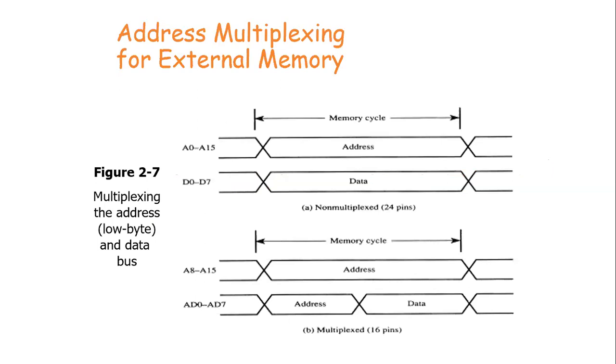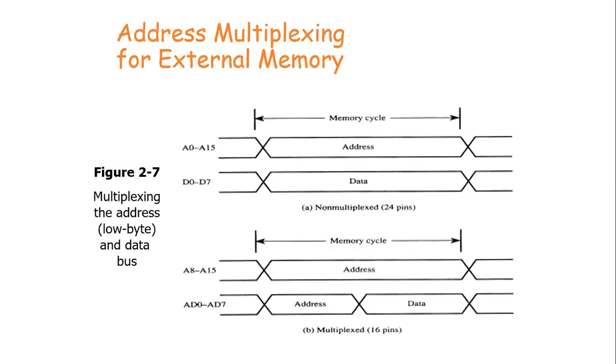In the pin description, we also discussed one special function pin called ALE, address latch enable. What is the function of address latch enable? Out of the 40 pins, a few pins are multiplexed pins.